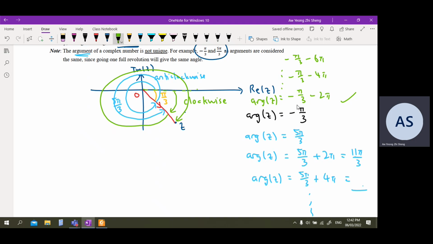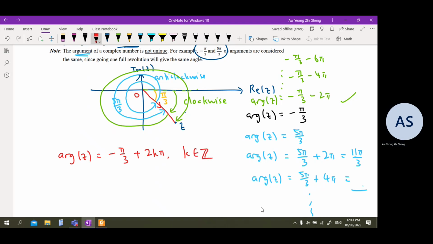A compact way to list all of these answers would be to write argument z as minus pi over 3 plus 2k pi, where k is an integer. Yeah, this would be a compact way. When k takes 0, you get minus pi over 3.